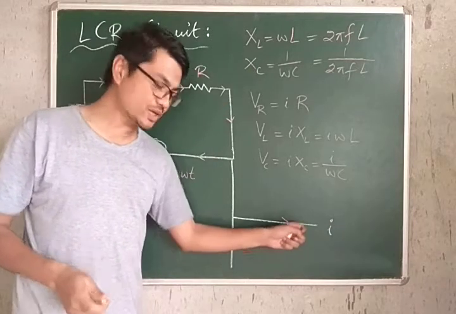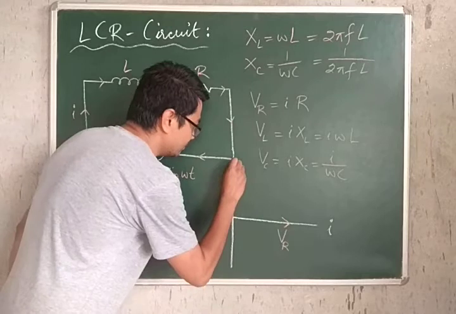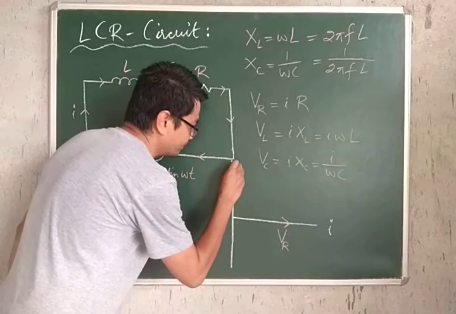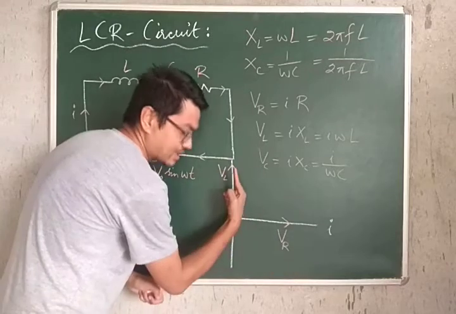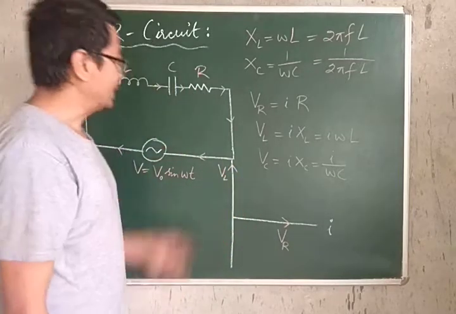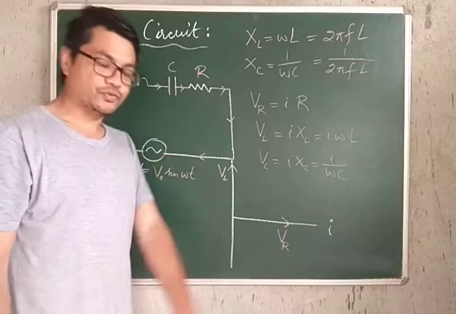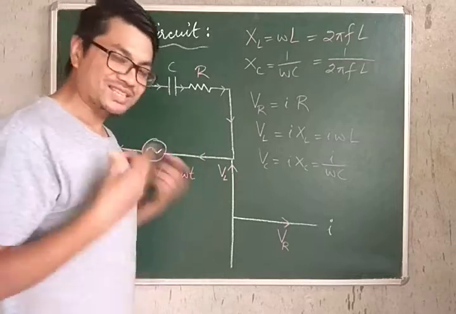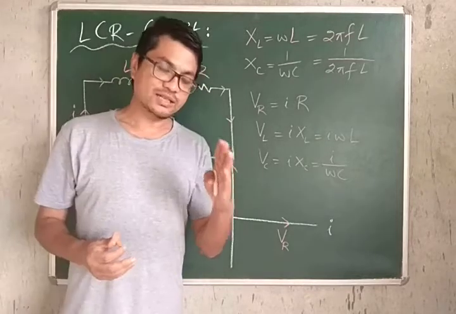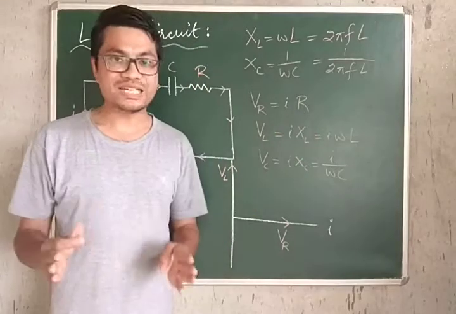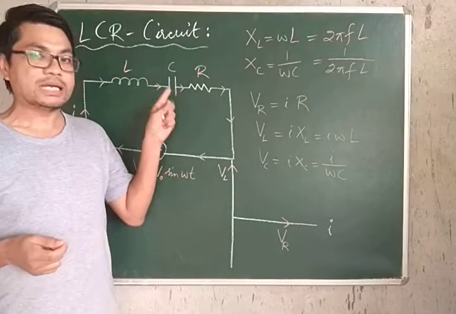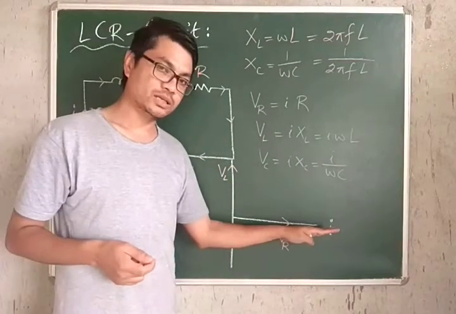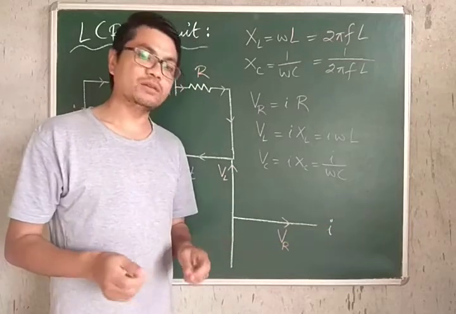So if this is the direction of current, then VL will be in this direction, because it is leading the current by a phase angle of pi by 2. And for a purely capacitive circuit, the current leads the voltage by a phase angle of pi by 2, or the voltage lags behind the current by pi by 2.